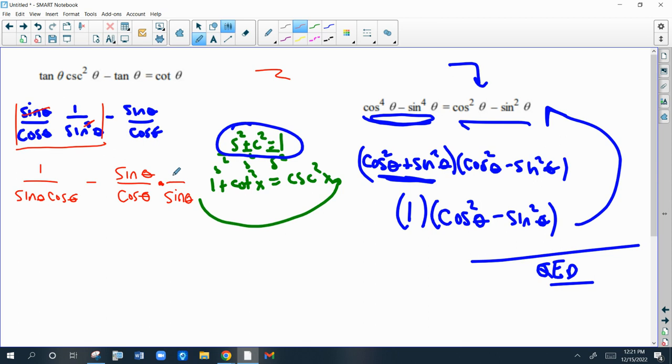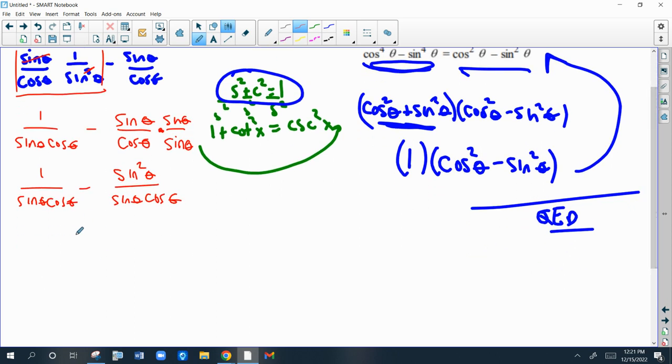So notice I haven't factored like I did the first way. I'm just doing it by subtraction. So this is sine squared over sine times cosine. Now that they have the common denominator, I'm going to just subtract the tops over the common denominator. So I have 1 minus sine squared.